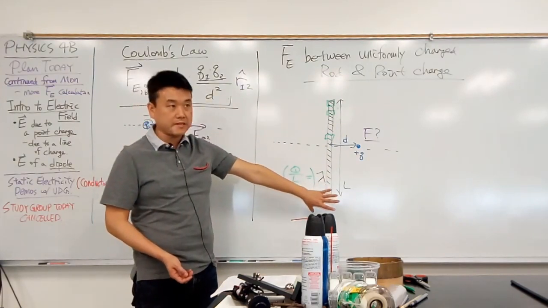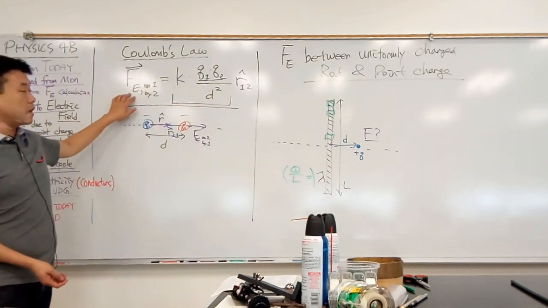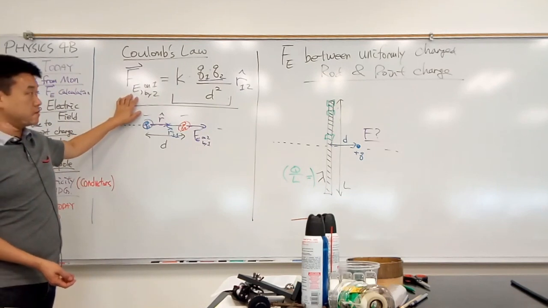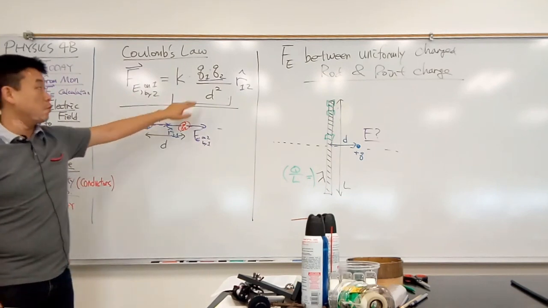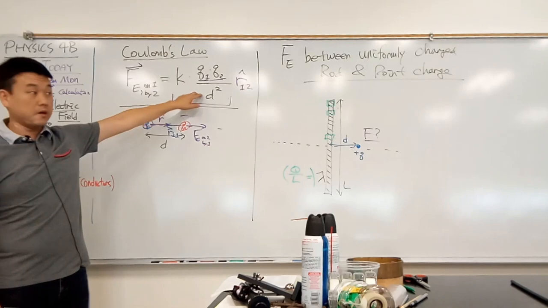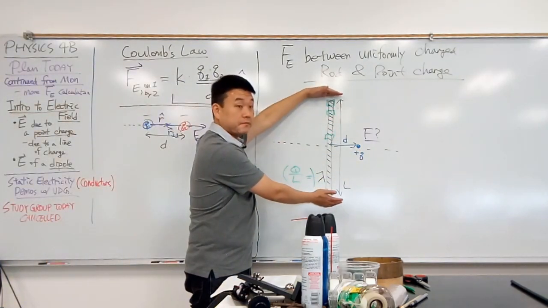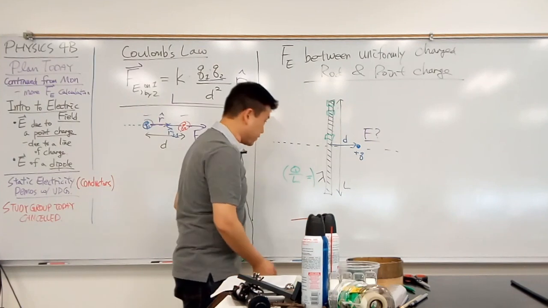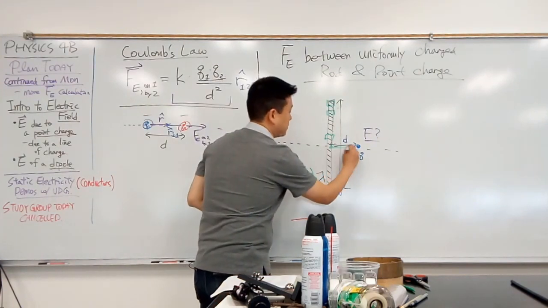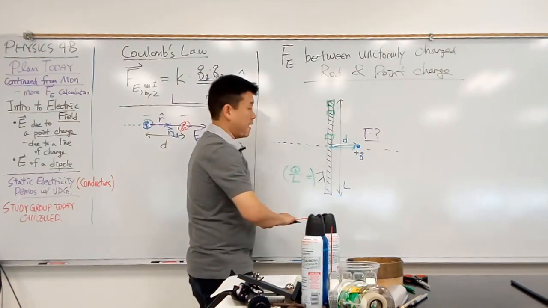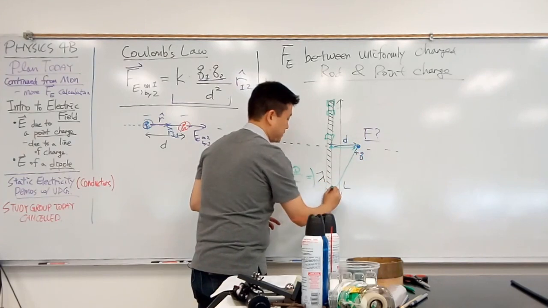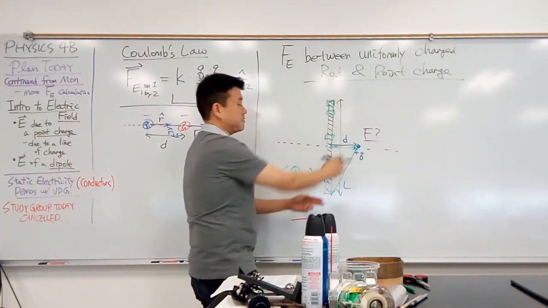So we went through this last time, that we cannot use Coulomb's law directly because we run into this problem of what distance? Because when you are looking at between a point and a segment, the distance can vary as much as this distance here, which is d, and as long as this distance here. How long is this distance?